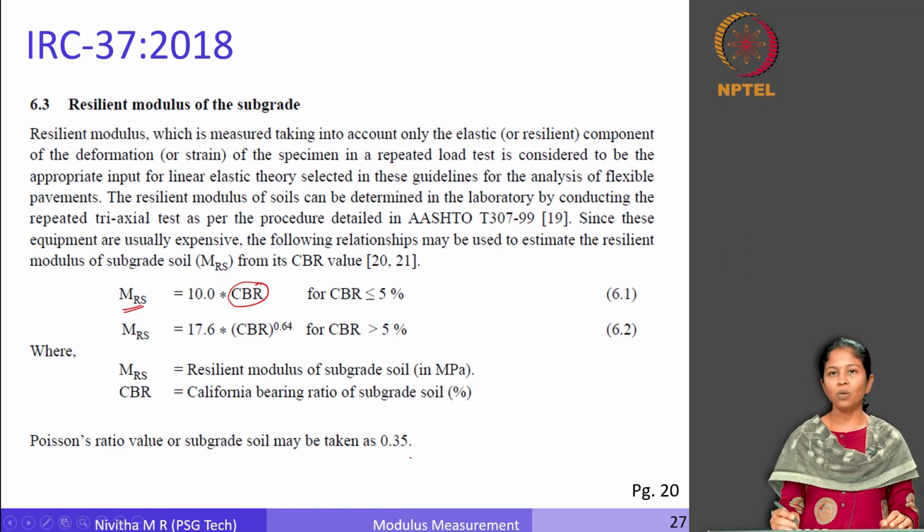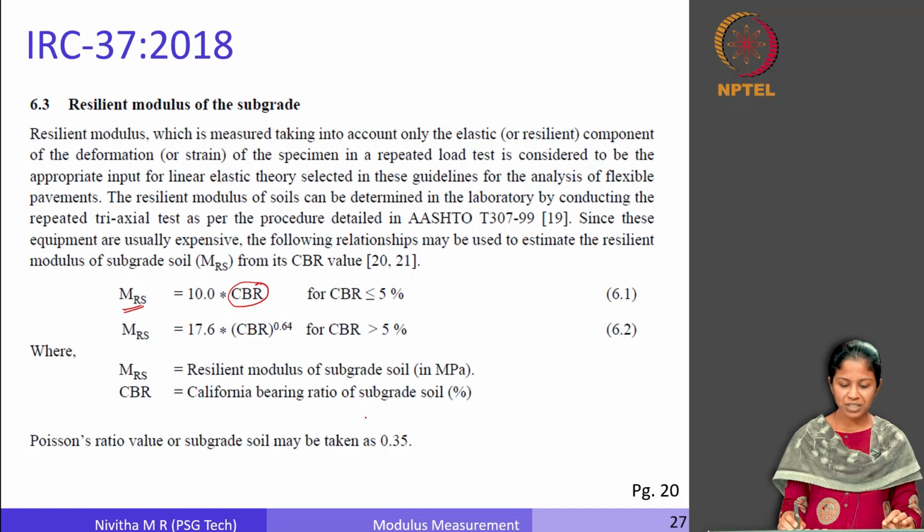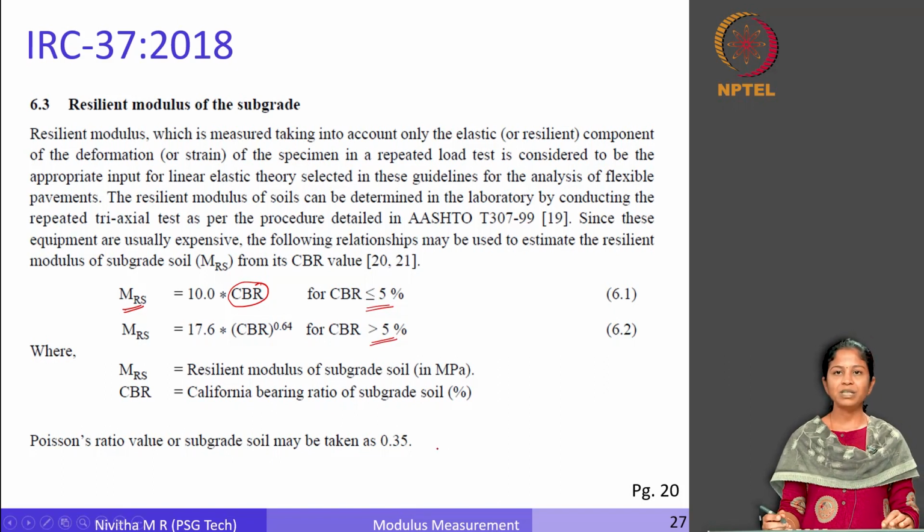So, we have to now convert this CBR value into a modulus value so as to be used for design purposes. IRC gives two equations, one for CBR less than 5%, another for CBR greater than 5%. There are a number of studies which have attempted to arrive at these kinds of relations.